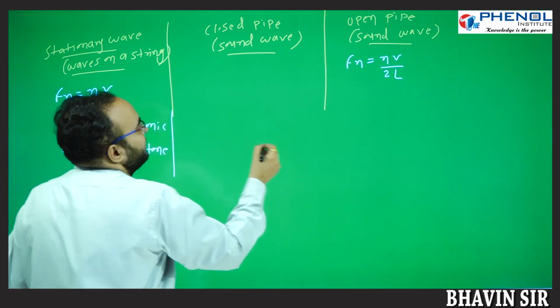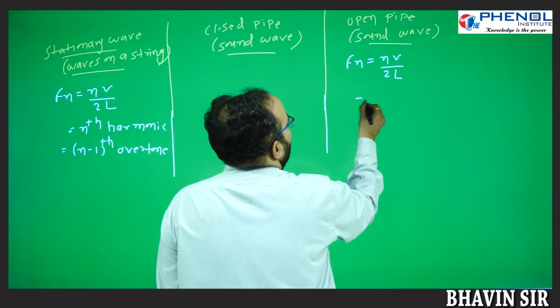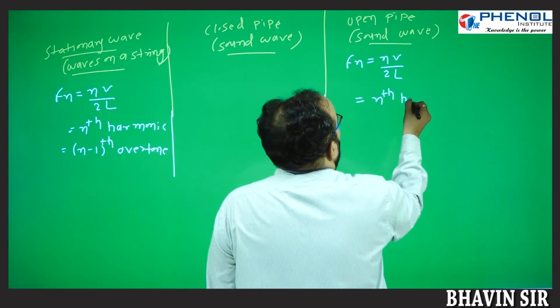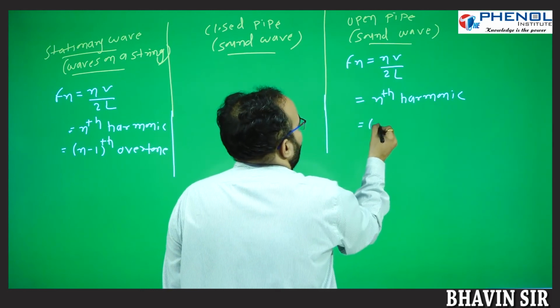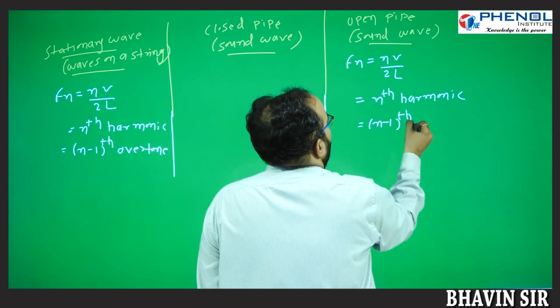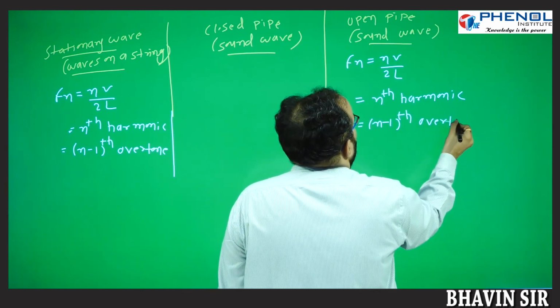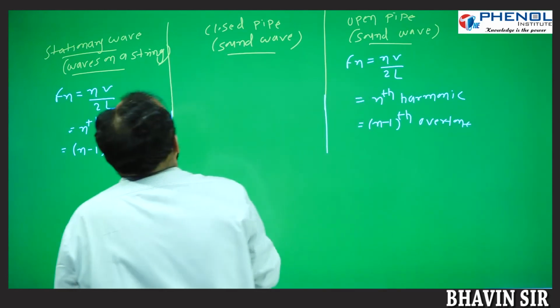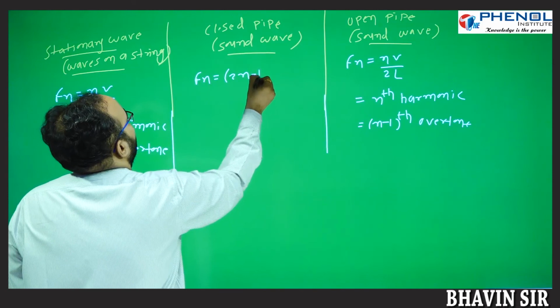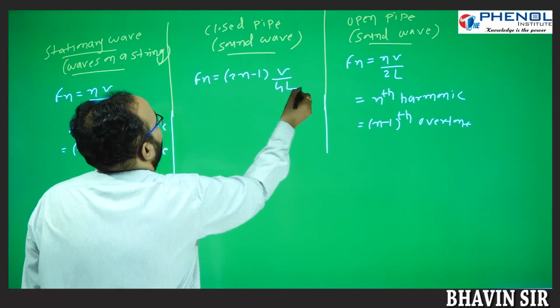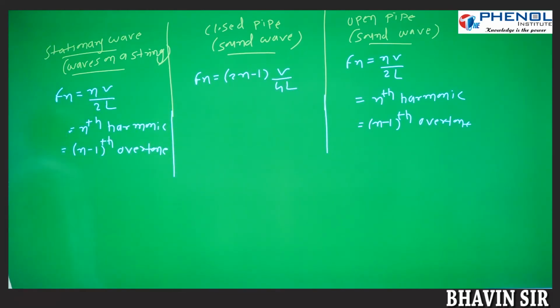Same here, nth harmonic, n minus 1 overtone, and here (2n minus 1) v by 4L.